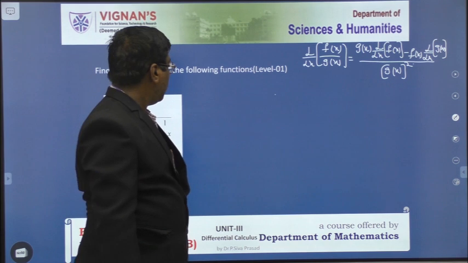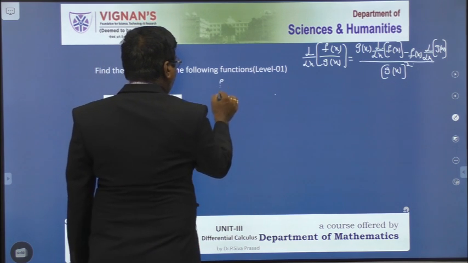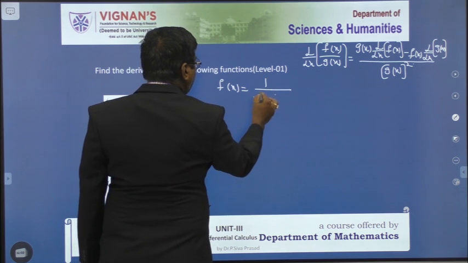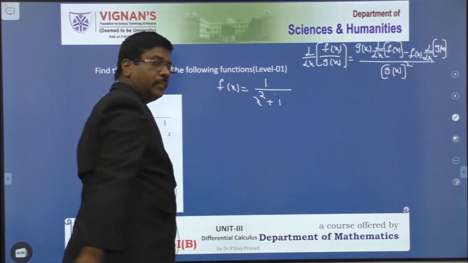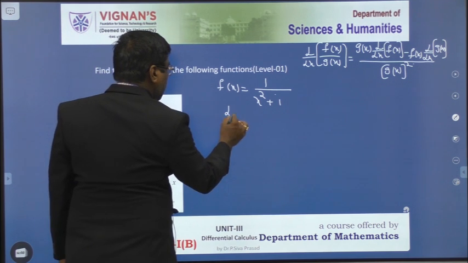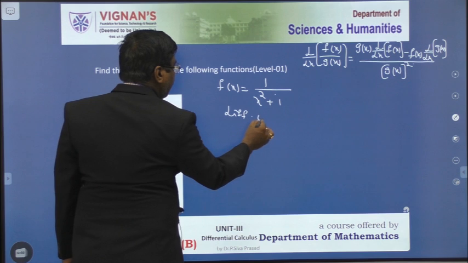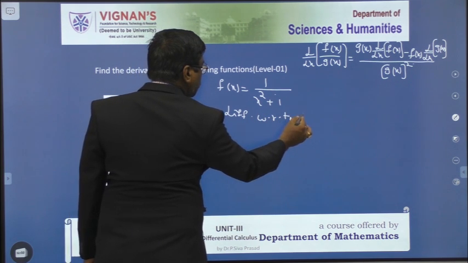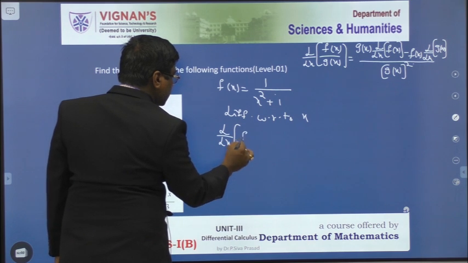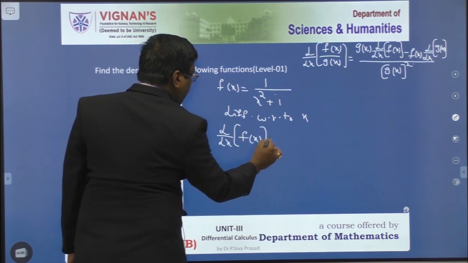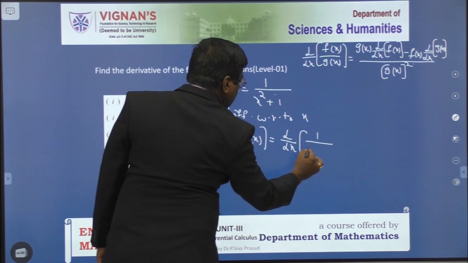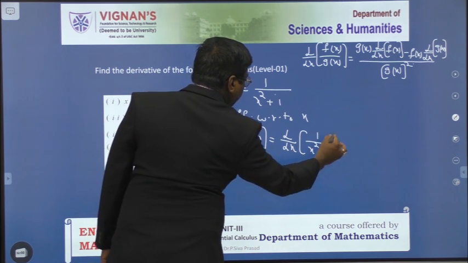This is the formula. Now here f of x is equal to 1 by x square plus 1. Differentiate with respect to x on both sides. Therefore d by dx of f of x is equal to d by dx of 1 by x square plus 1.